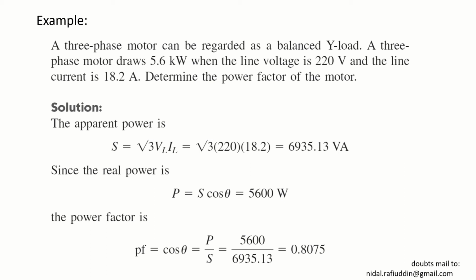And suppose we were asked to evaluate the angle between voltage and current, using this power factor you simply take the cos inverse of 0.8075, and that would give you the angle that existed between voltage and current. From that you can also conclude whether the load is inductive or capacitive.